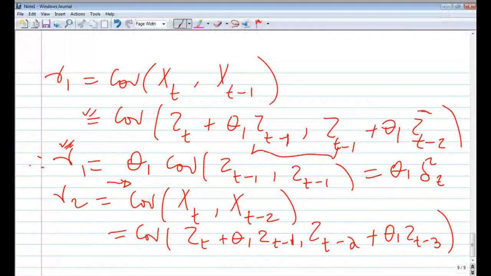See now, in this case, whatever variables you are going to combine together, they are going to give you covariance which is 0.